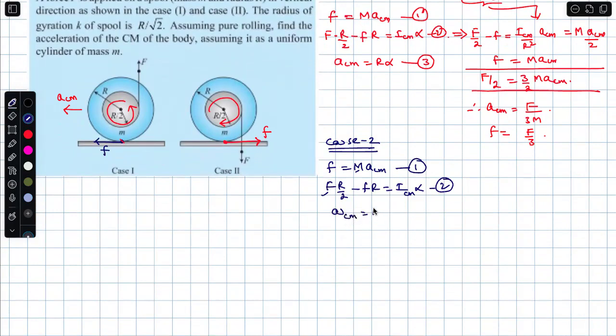A_CM is equal to R alpha. In this case, this is the direction of A_CM. Every step is the same. Then how are they different? The limit.